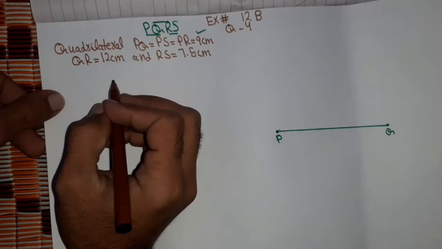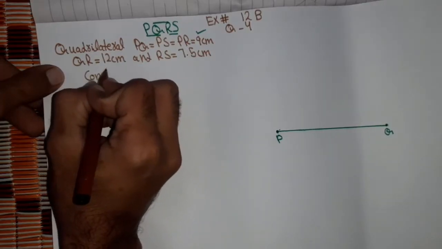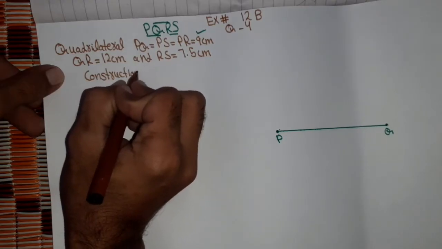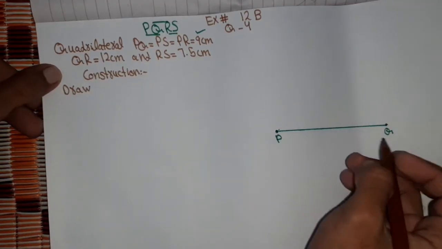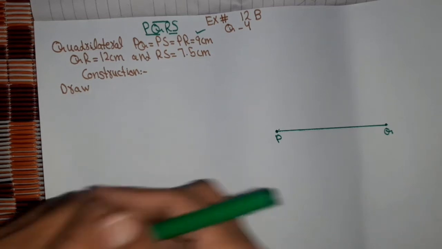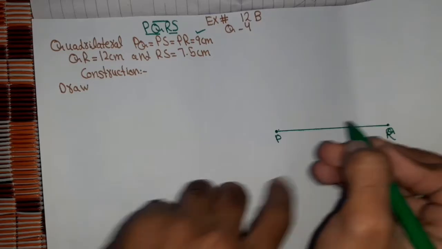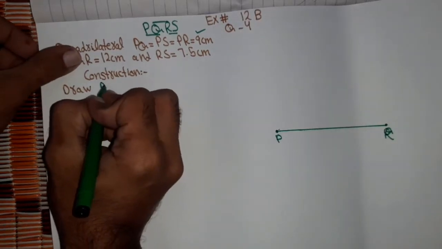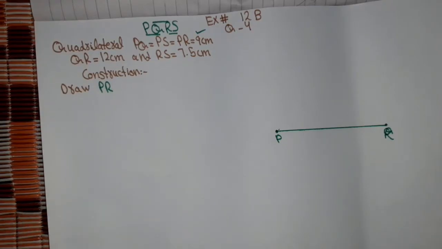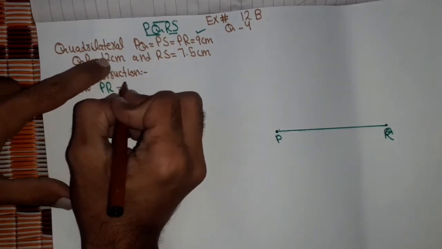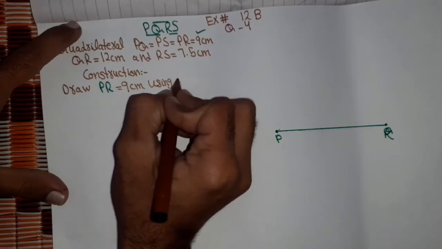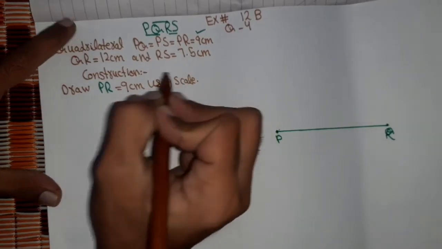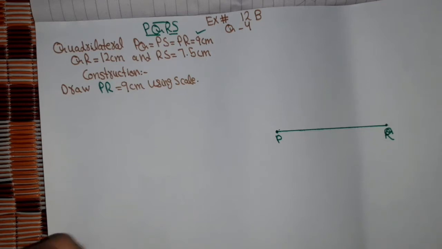The first point of construction: draw PR equal to 9 centimeter using a scale. So PR equals 9 centimeter.